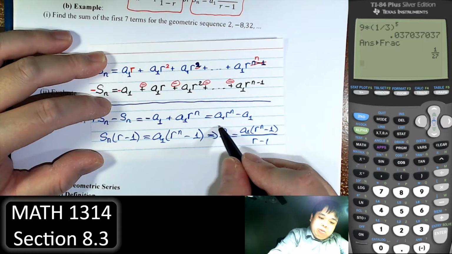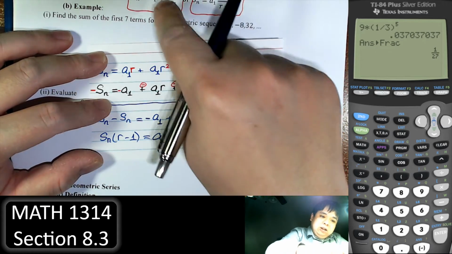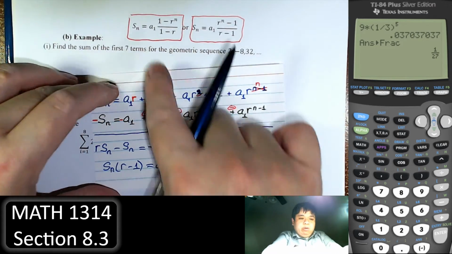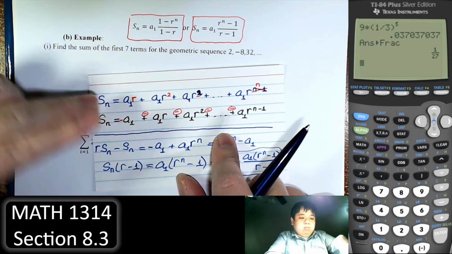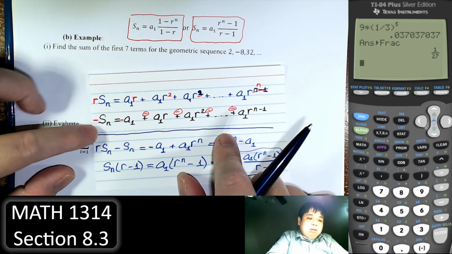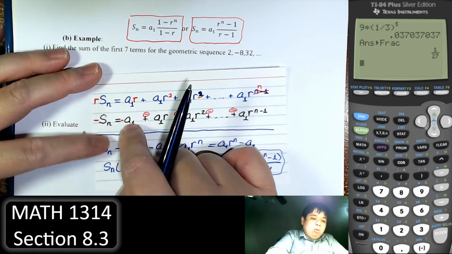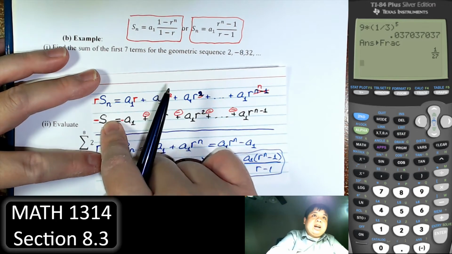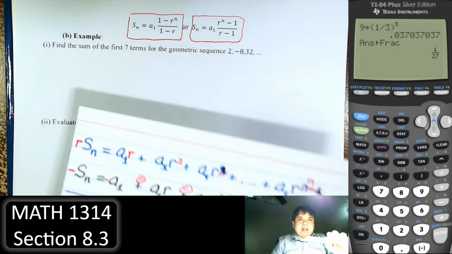And so that is the proof for that formula. The other formula is the same thing, we just subtract it the other way. Take the second line, subtract the first one, but this is the proof.